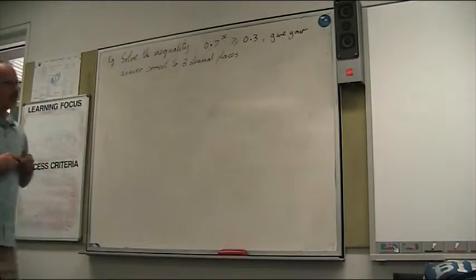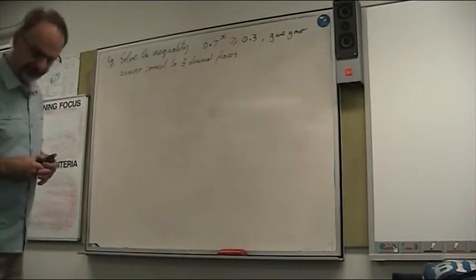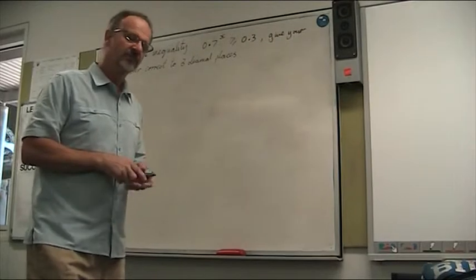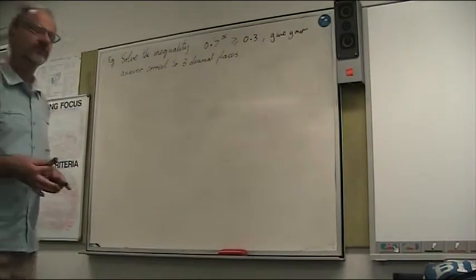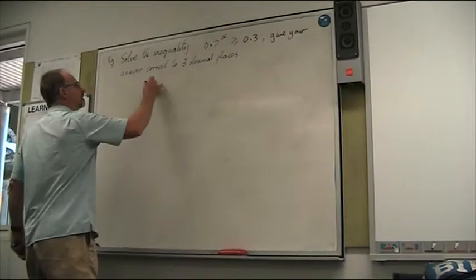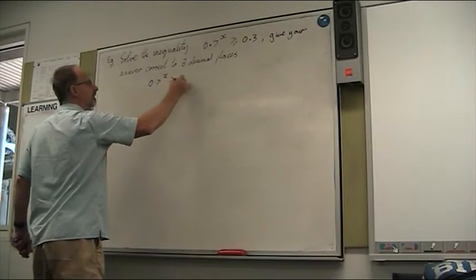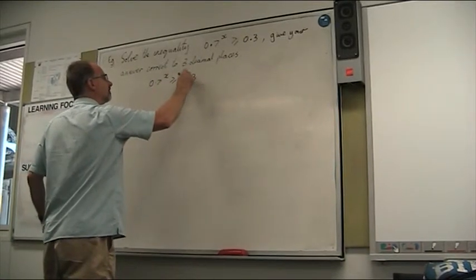Alright, this one we're going to use your calculator for part of it. So we've got 0.7 to the x greater than or equal to 0.3.